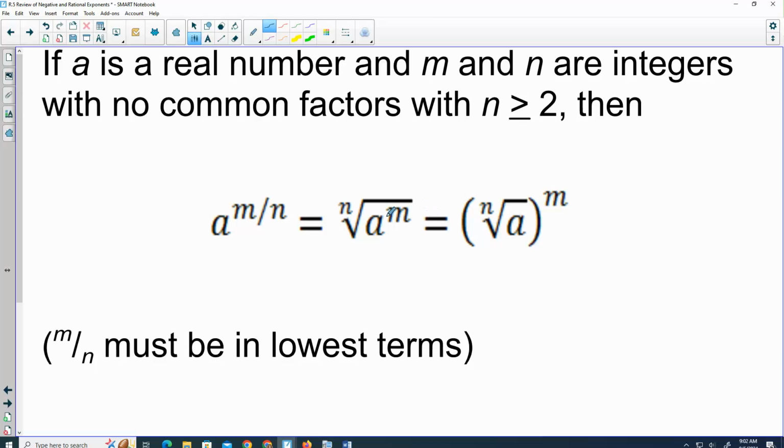The numerator can go either inside or outside the radical. It's equivalent either way. So for instance, when I say x to the 2/3 power, that means you have the cube root of x squared. If I said x to the 1/2, a 1/2 power would mean you have a square root.